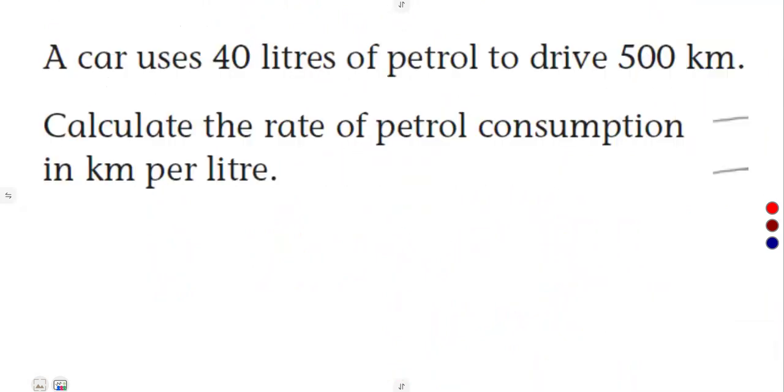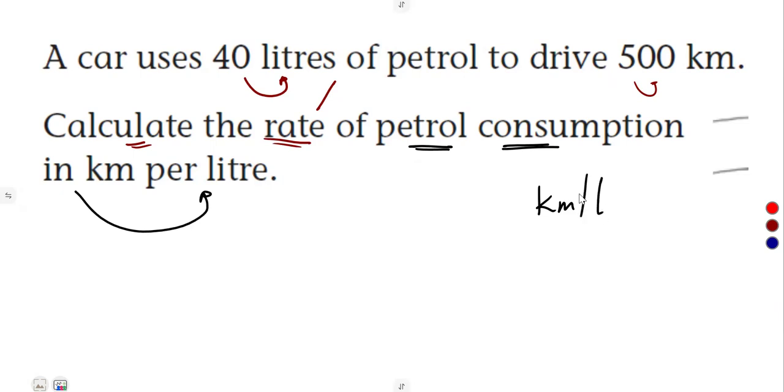We are given here that a car uses 40 liters of petrol to drive 500 kilometers. Calculate the rate. The moment they say rate, there must be a pair. It must be quantity A to quantity B. So here they're saying the rate of petrol consumption in kilometers per liter.